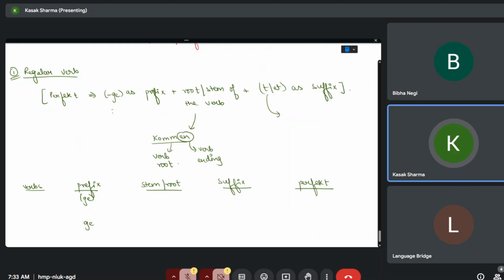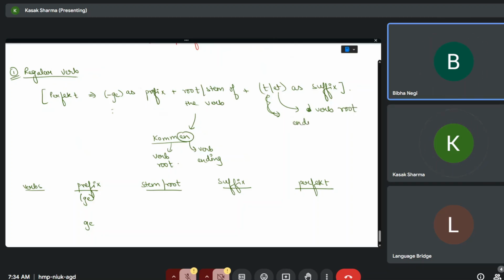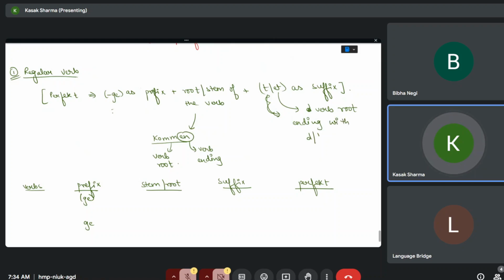This et is added with those roots or stems of the verb which end with d or t. Only for pronunciation we add an extra e with the verbs whose root ends with d or t.